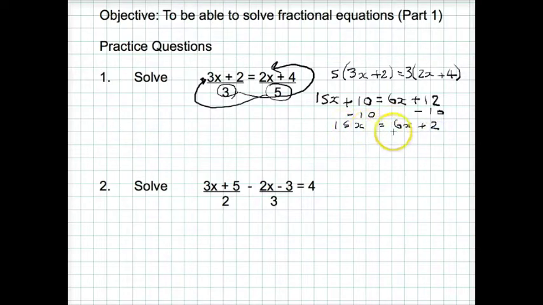And then if we take the 6x away from both sides, that's going to leave us with 9x equals 2. So if we then divide by 9 on both sides, we're going to be left with x equals the fraction 2 over 9.